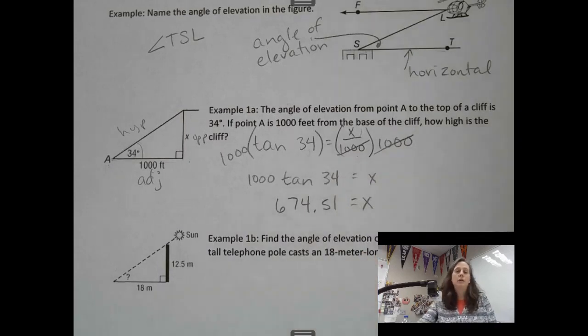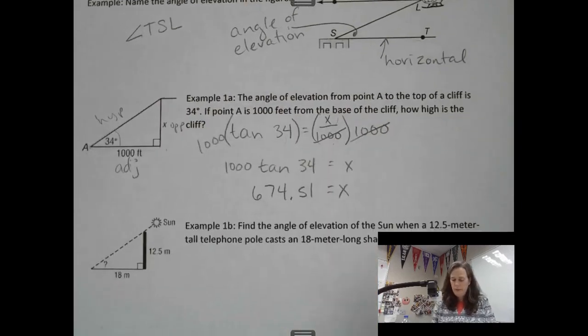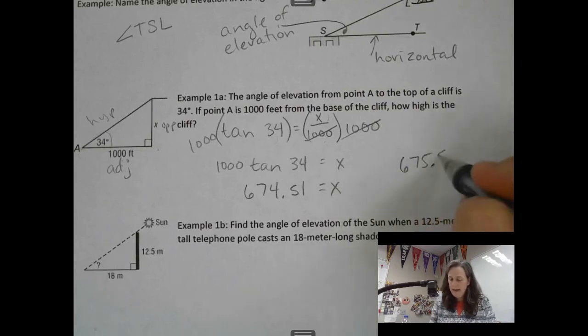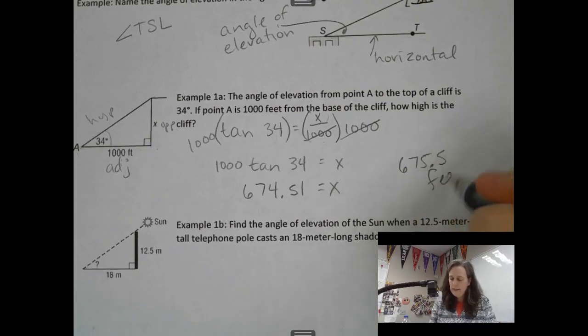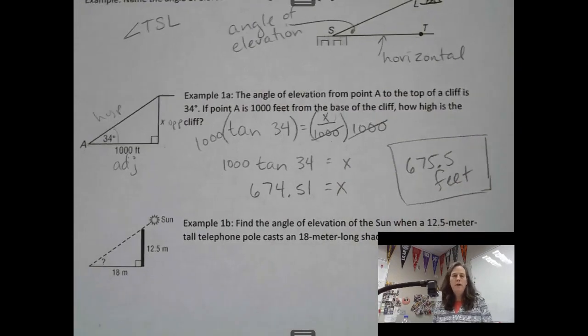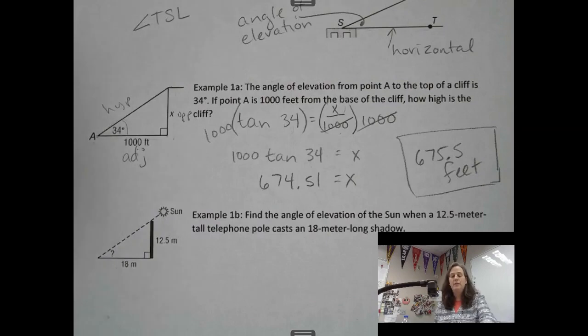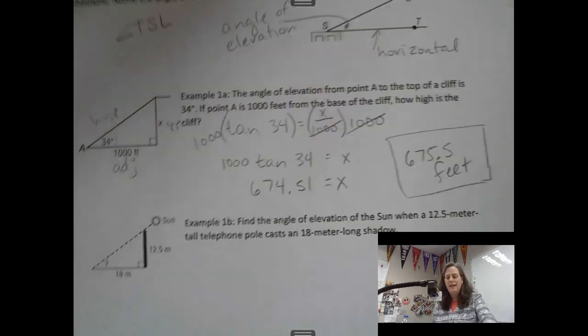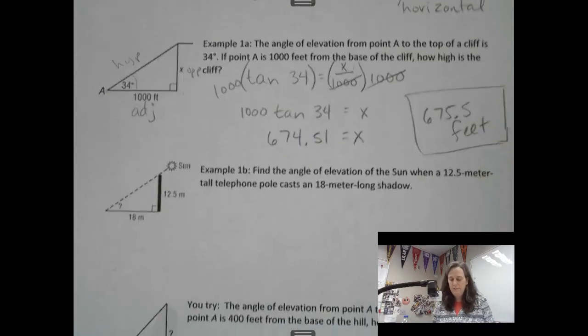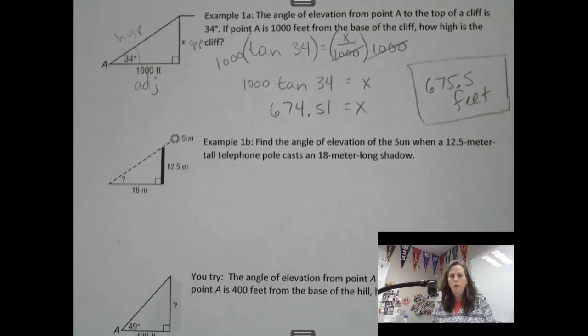And then it's a word problem, so we'll have to put some words back in there. 674.5 feet to the top of that cliff. Okay, so it kind of comes together with the trig that we've done. And these are more like a real life problem, something you'd actually see in the world.